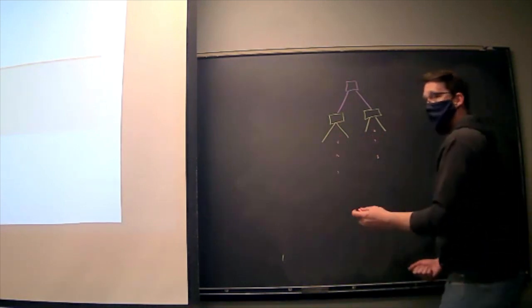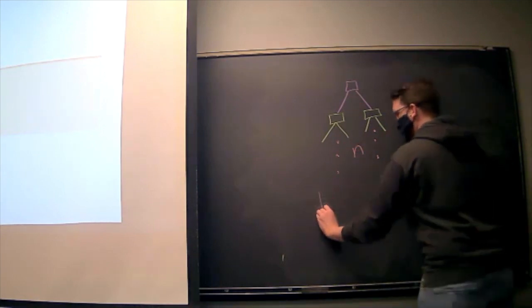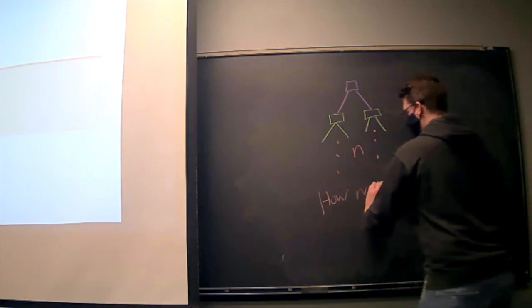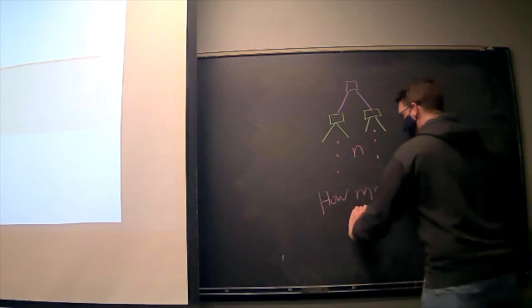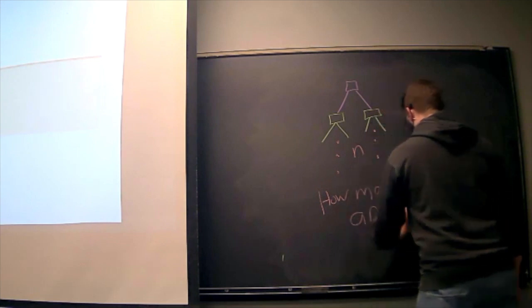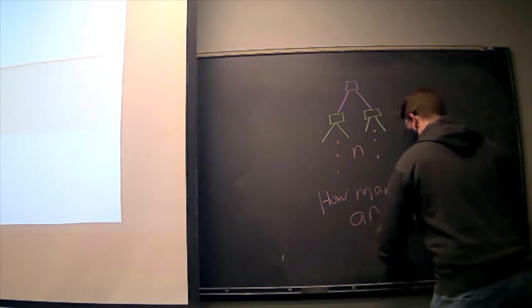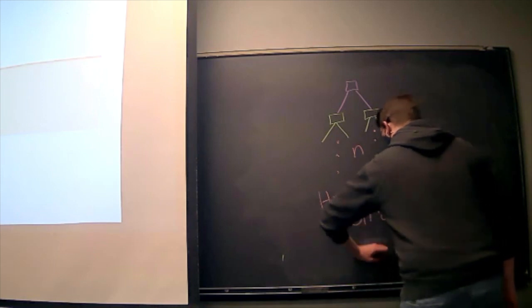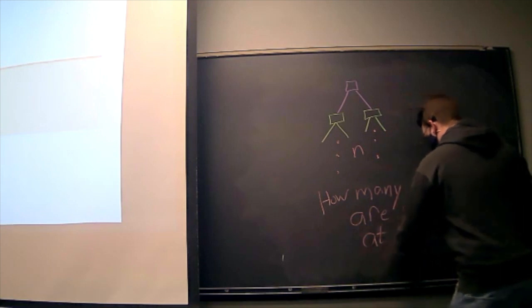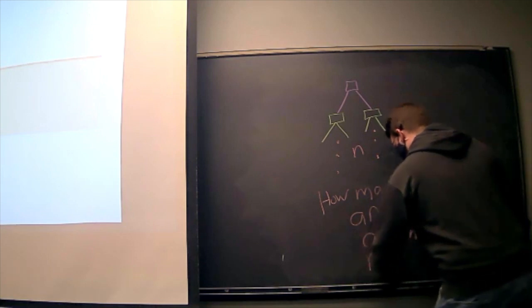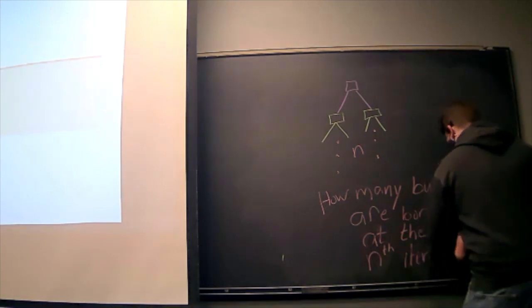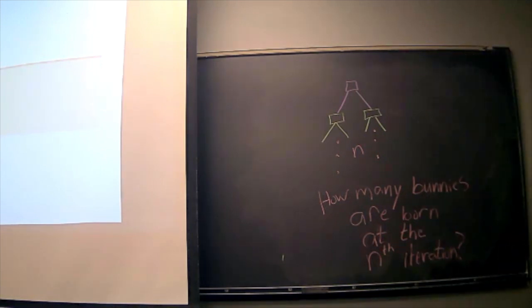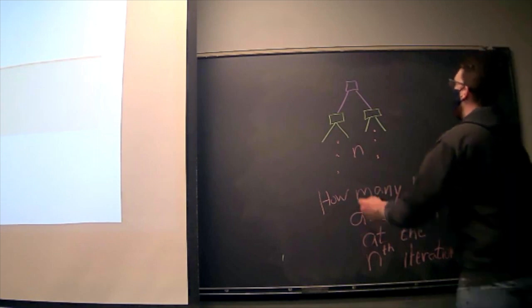Let's say we do this a whole bunch, n number of times. This is an example of an exponential problem. Because in the first case, we have one bunny.